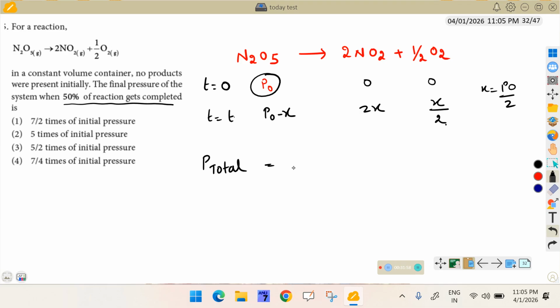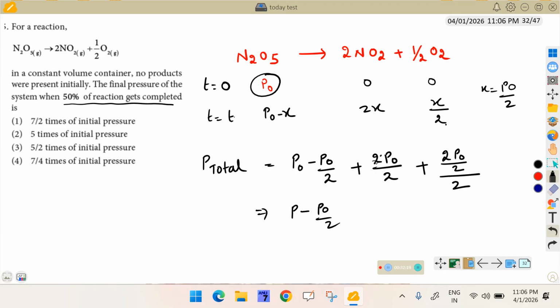Now P0 minus P0 by 2 plus 2 into P0 by 2 plus P0 by 2 whole divided by 2. Now simplify. P0 minus P0 by 2, 2 cancel, plus P0.